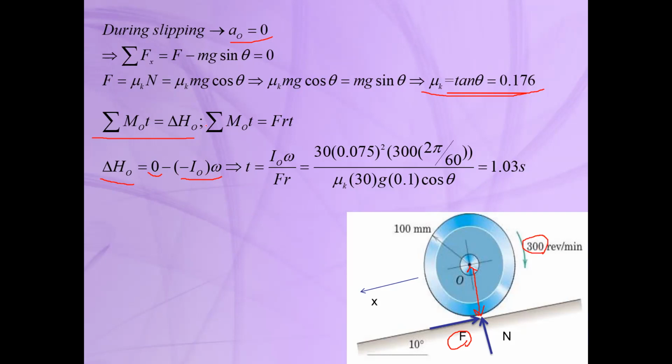From this equation, we can find time t as I O omega divided by F times R. And as I told you, F is equal to mu k times mg cosine theta. So we can substitute the numerical values and calculate the time t.